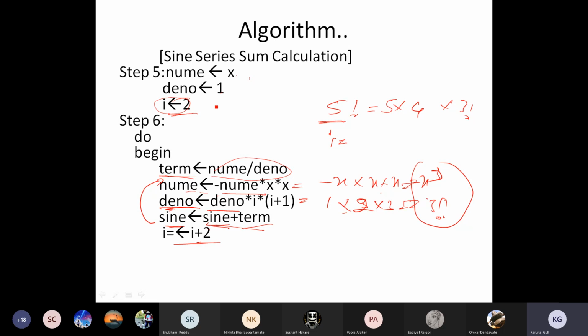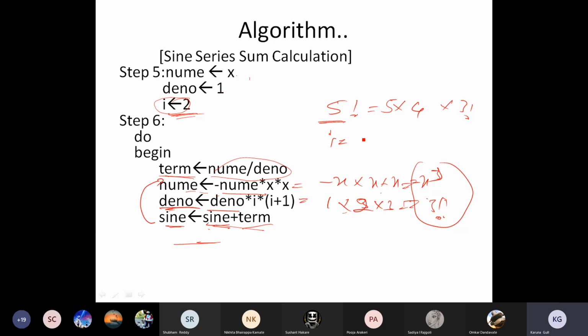So look at this now. What is the value of I initially? 2, ma'am. Right? Okay, so next I wanted to make this as 4 into.